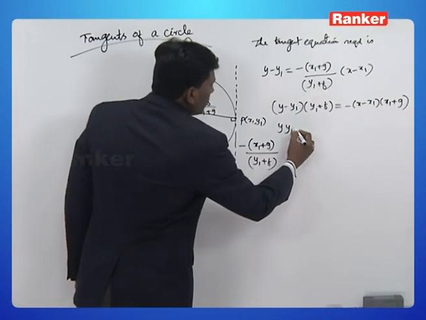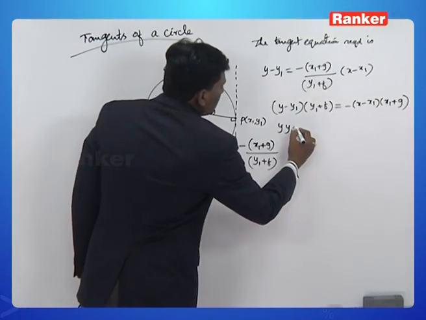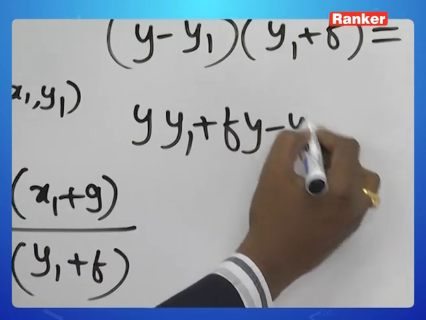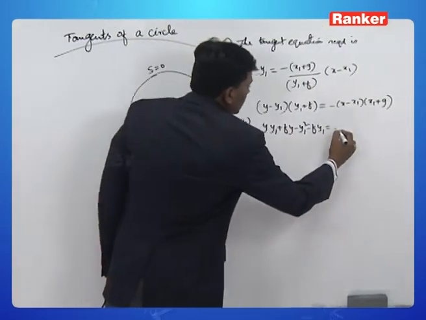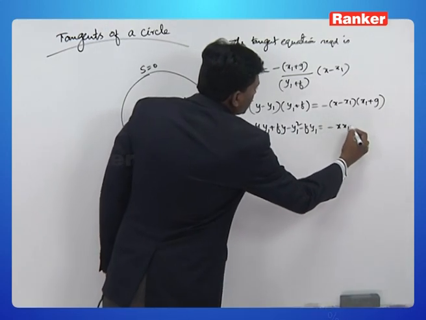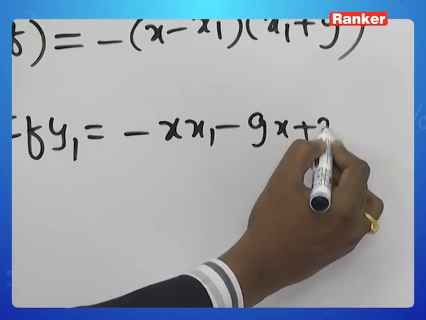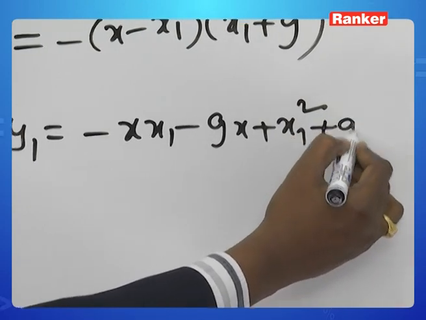Expanding these terms, yy1 plus fy minus y1 square minus fy1 equals to minus xx1 minus gx plus x1 square plus gx1.